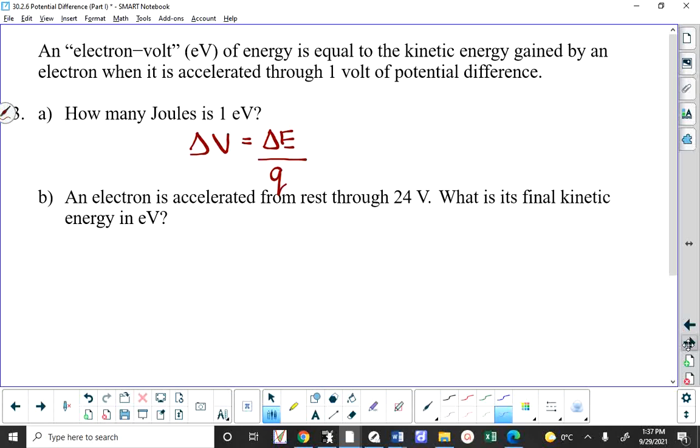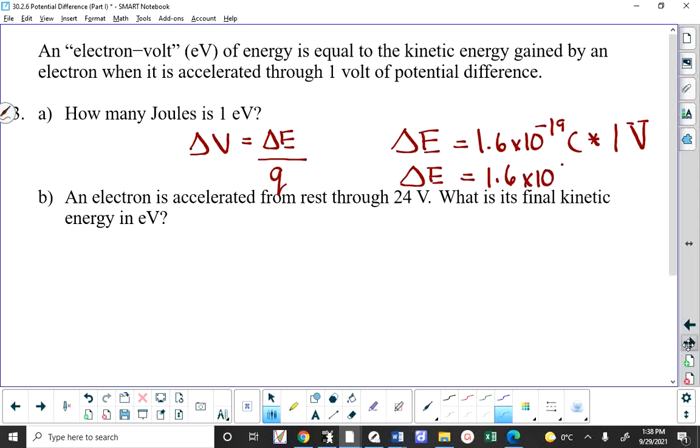Well, 1 electron volt would be the energy gained, multiplying charge times voltage, when 1 electron is accelerated by 1 volt. So the change in energy when 1 electron is accelerated by 1 volt is 1.6 times 10 to the negative 19 joules. Not coulombs, joules.